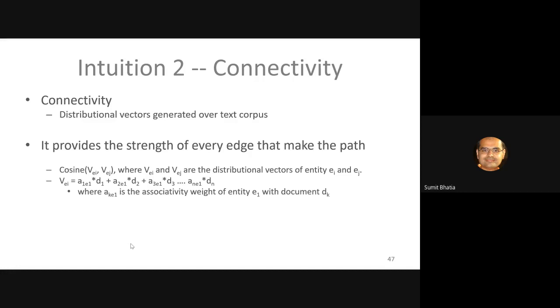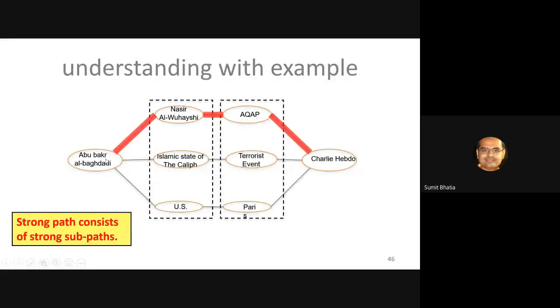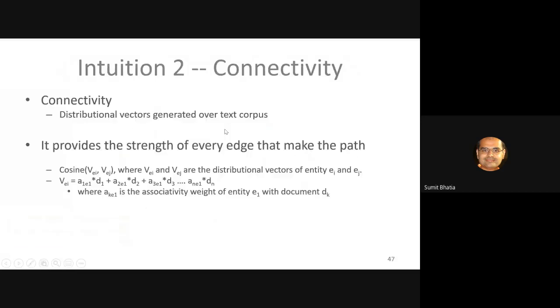Then, in this subpath, if the embeddings for these two entities are very similar, then we say it's a strong subpath. Likewise, Nasir al-Buhaishi and AQAP, their embeddings indicate that this is a strong path. Likewise, AQAP and Charlie Hebdo, their embeddings indicate that these are related and strongly connected. You sum the scores and find the connectivity score of the path. It's essentially saying that a stronger path consists of strong individual subpaths.